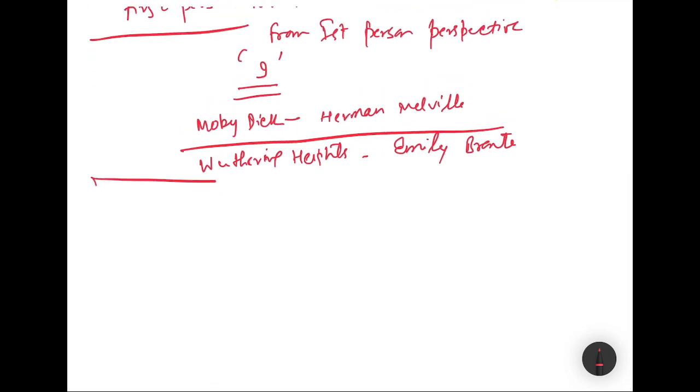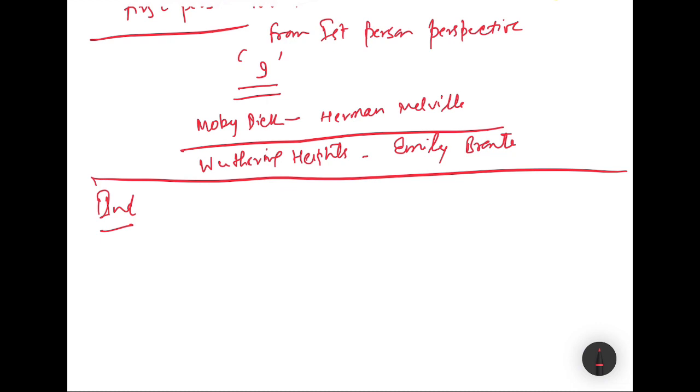If we come to second person narrative or the second person point of view, as I told you in the beginning, in the second person narrative, the narrator addresses the protagonist or another important character by the second person. Second person means you or your. This second person narrative is not very common in literature. We have generally first person or third person narrative.